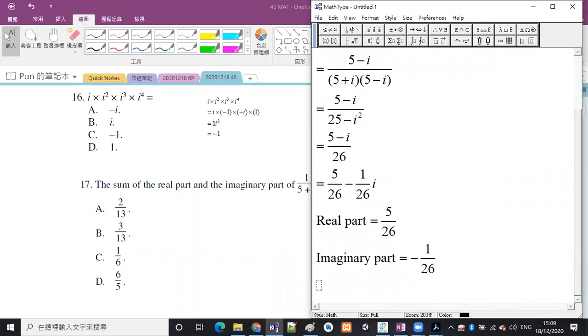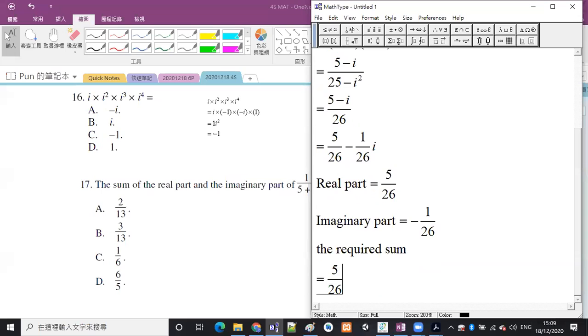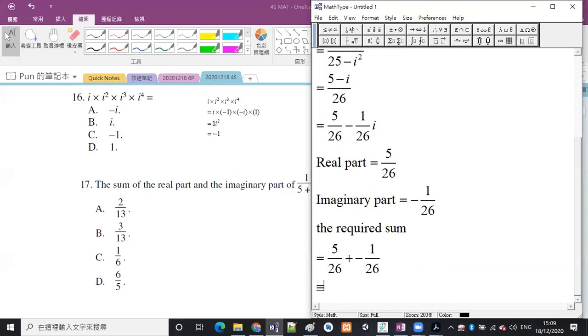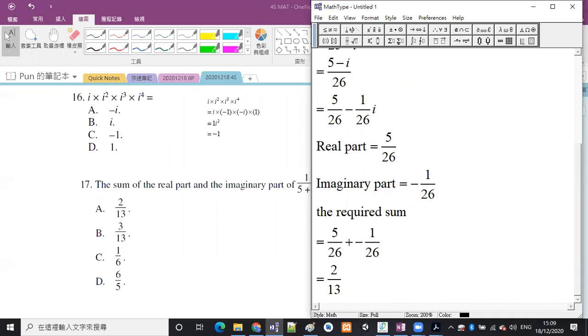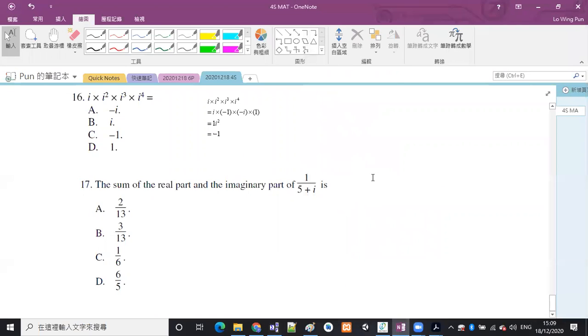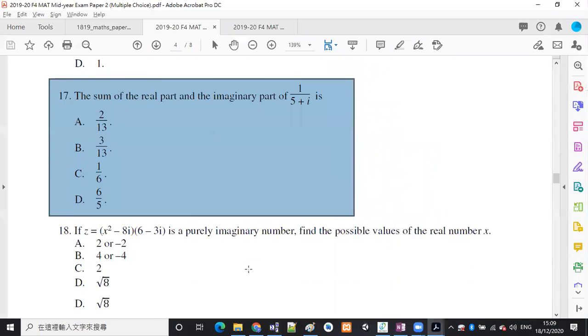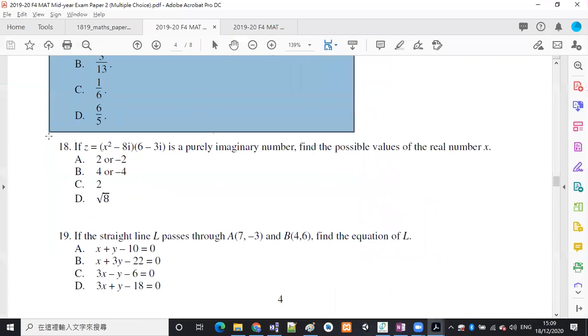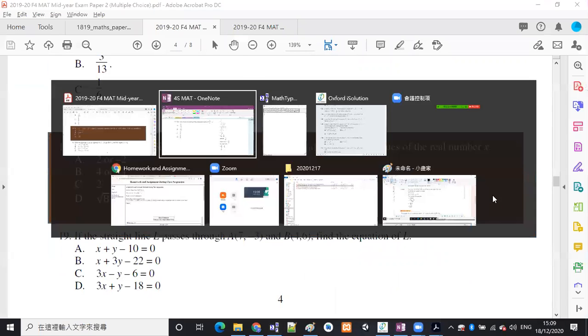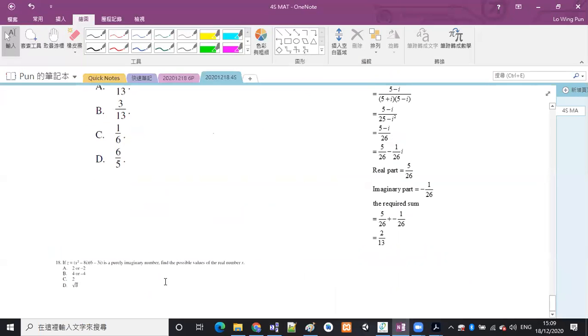So the required sum should be equal to 5 over 26 plus -1 over 26. That should be 4 over 26, that is 2 over 13. So it is option A.